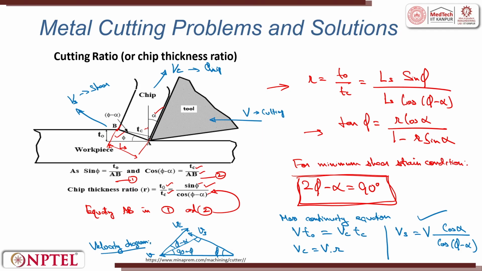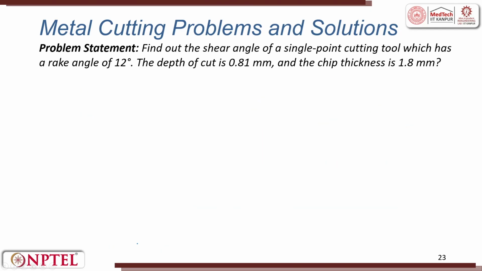So let me come to problem statements so that we understand this and try to see how do we get the solutions, how do we get the answers to the questions that are asked. First problem is find out the shear angle of a single point cutting tool which has rake angle of 12 degrees, depth of cut as 0.81 millimeter and chip thickness as 1.8 millimeter.